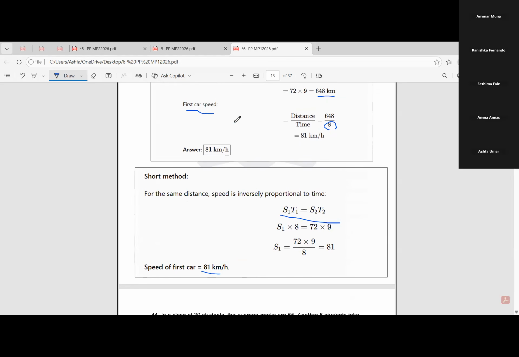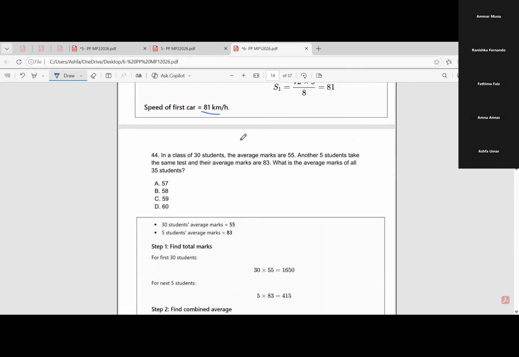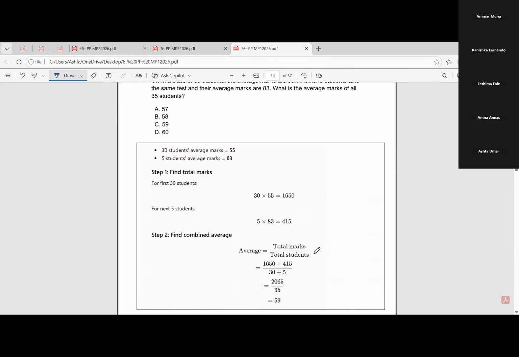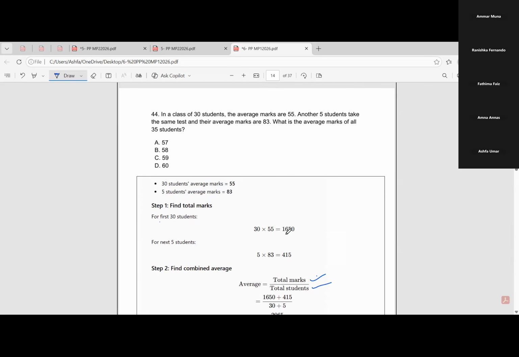Yeah, so that's all. The next question is to find the average. Here, average means total marks divided by the total number of students. Many students make the mistake of averaging the two averages. First, it says there are 30 students and their average is 55, so we can find the total marks of the first 30 students.